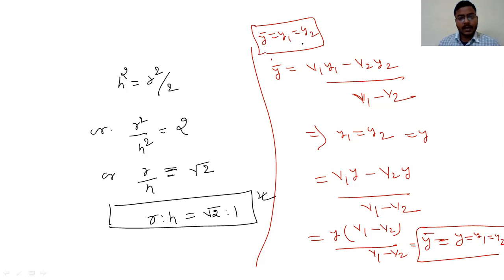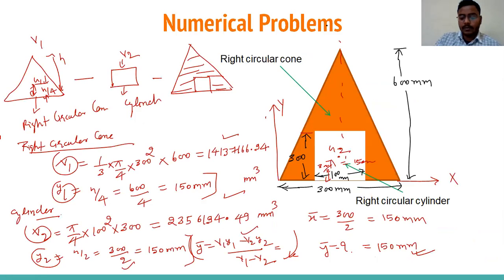This is very important when some tricky question is given. There is no need to solve a lot of data, because once you know this concept, that y1 is 150 and y2 is 150, you can say that for this combined figure y bar will also be 150.